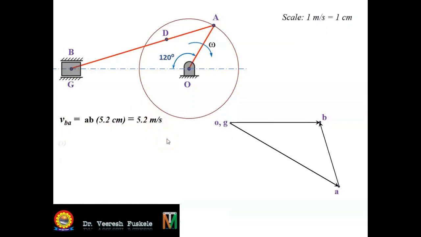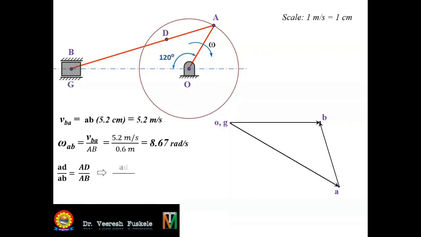Again, we find out the angular velocity of AB. It will be V upon R, that is velocity of B relative to A divided by the length of the link AB. So angular velocity we get as 8.67 radian per second. Now to plot the intermediate point D, we take the ratio such that AD upon AB in the velocity diagram will be equal to length AD upon length AB.